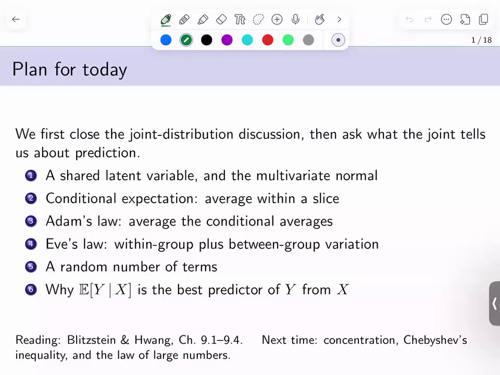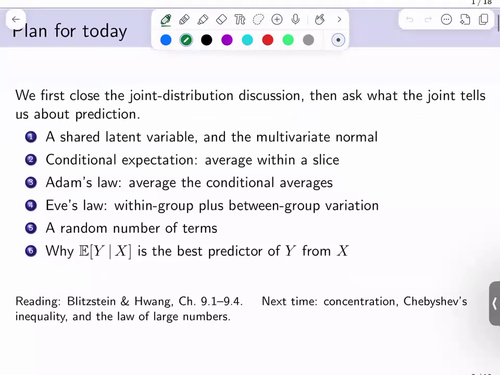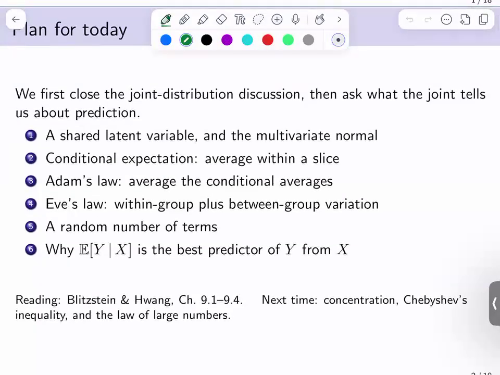Okay, so I'm going to finish from the two slides that we had from the previous lecture that we didn't cover. So we're talking about joint distributions mostly, and I'm going to talk about the particular mechanism by which two random variables become dependent.